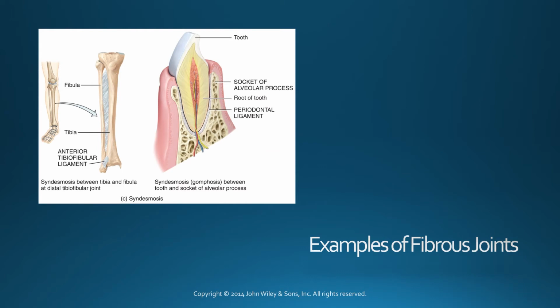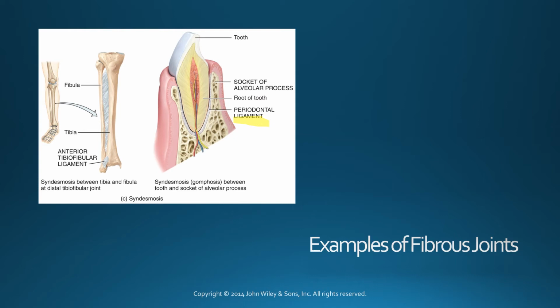A syndesmosis is a fibrous joint in which there is greater distance between the articulating surfaces and more dense irregular connective tissue is used than in a suture. So the dense irregular connective tissue is typically arranged in a bundle or a ligament, and this allows the joint to allow for limited movement.